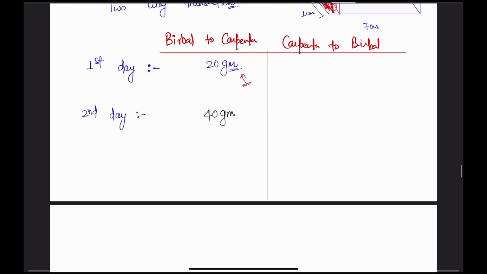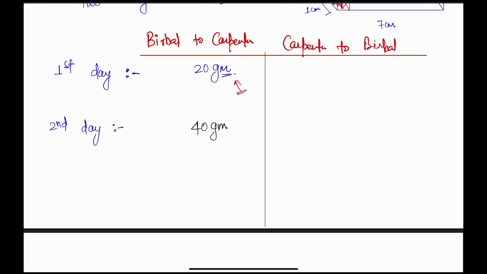On the first day we saw that he gave 20 gram and had to give nothing, but on the second day he has to give 20 gram. The carpenter has 20 gram in his pocket, so if I give him 20 gram, in his pocket it should be 40 gram, equivalent to 2 days of wage. So Birbal will give him 40 gram gold, and Birbal will ask him to return my 20 gram.